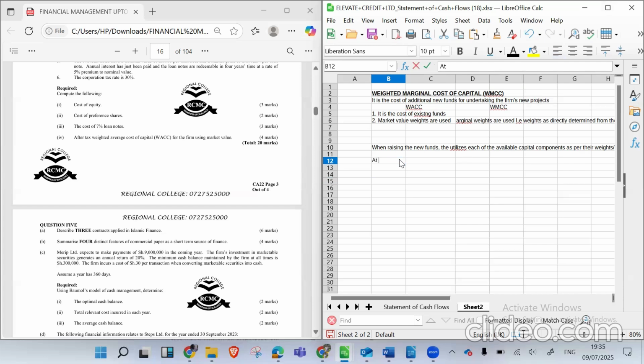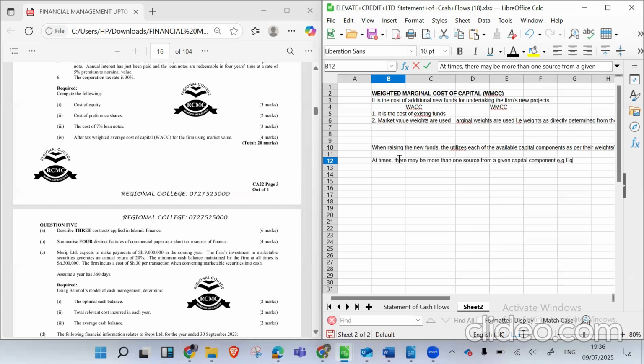Next, you say at times there may be more than one source from a given capital component.